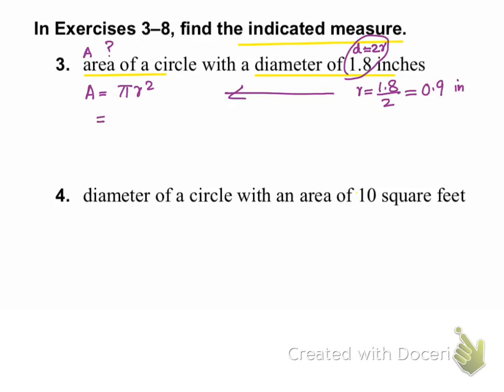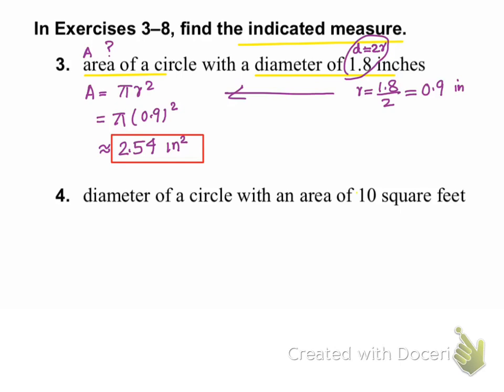I plug it in: pi times 0.9 squared. When you plug in your values and round to the nearest hundredth, you're going to get 2.54 inches squared, because it's about area. That's our final answer.